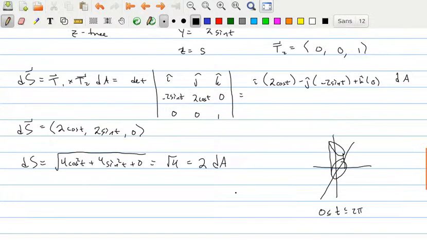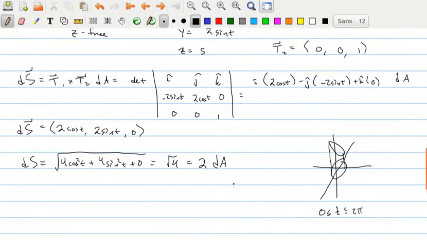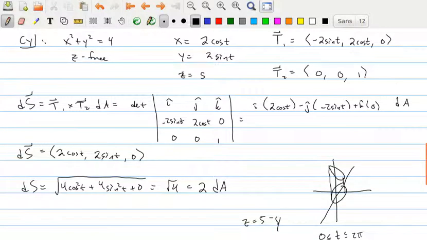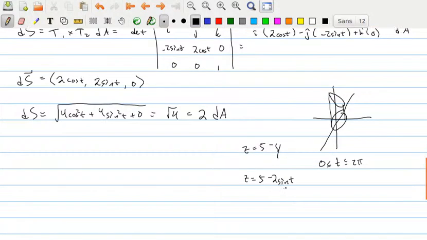Now if we look at the z's, our top surface here was given by z equals 5 minus y. So y, given our parameterization, was 2 sine t, so we'll plug that into the formula. So our top surface is given by 5 minus 2 sine t. And the bottom surface was 0.